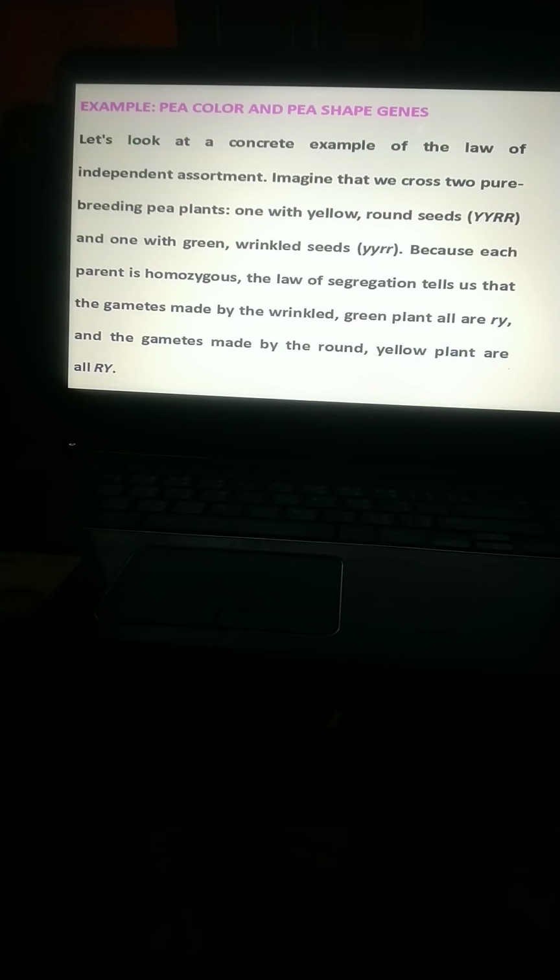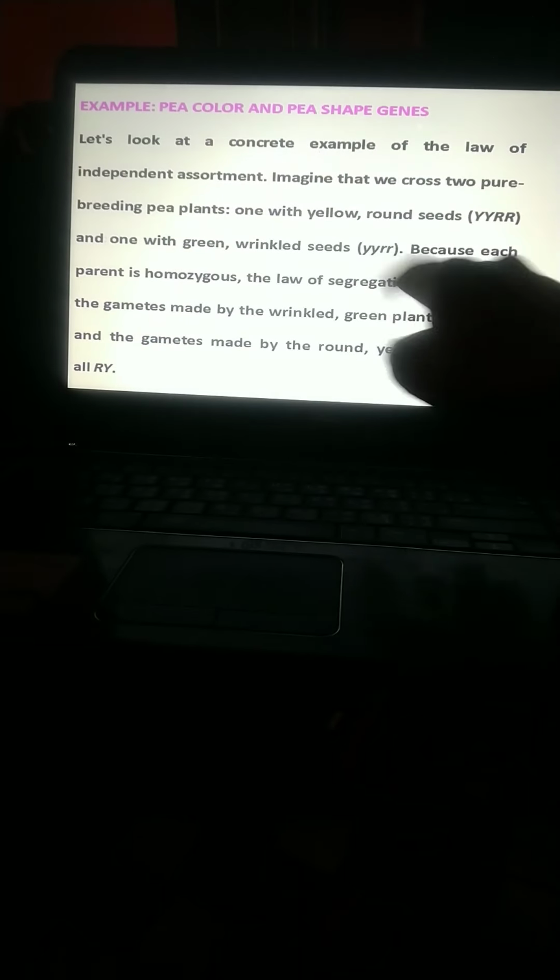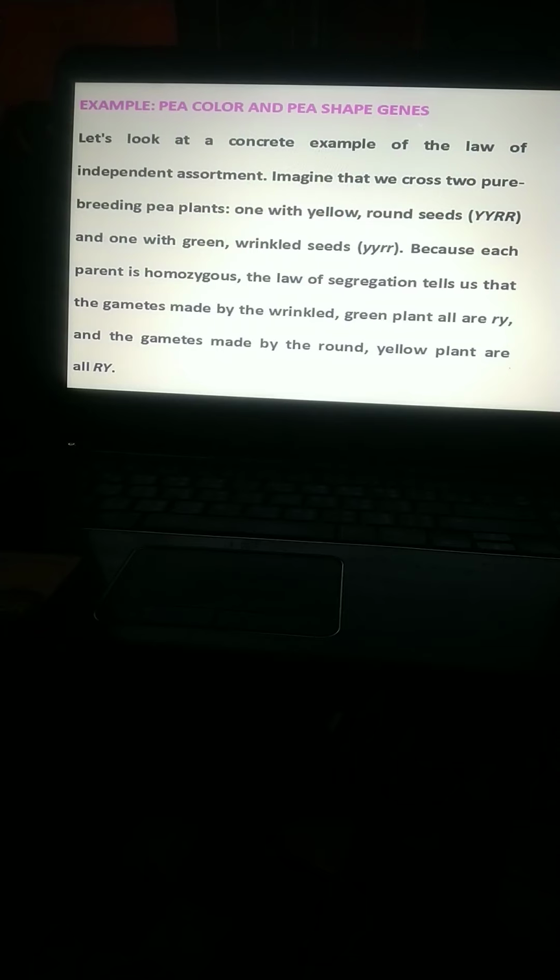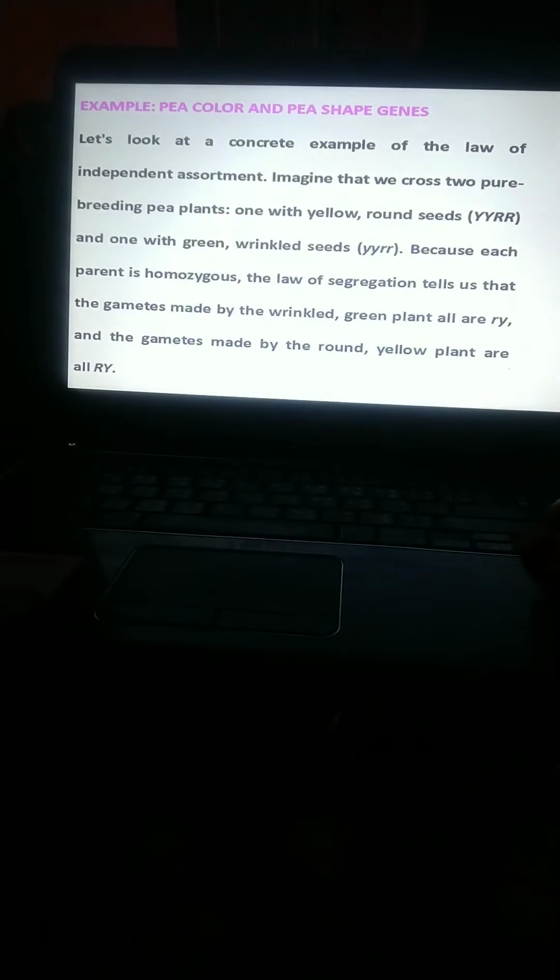The law of segregation tells us that the gametes made by the wrinkled green plant are all rY, and the gametes made by the round yellow plant are all RY. That gives us F1 offspring that are all capital R, small r, capital Y, small y.